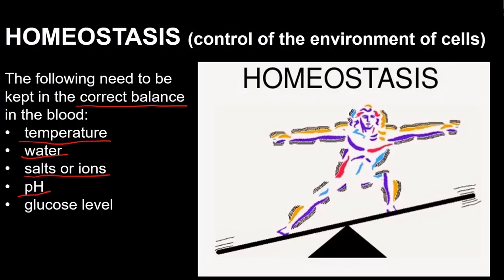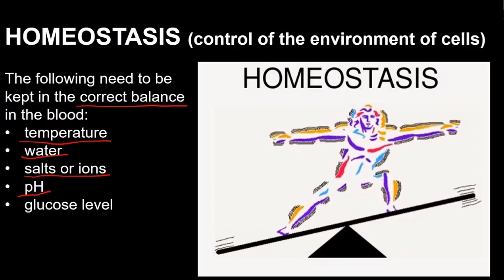But again, not too much, not too little. The blood acidity level has to be kept correct, and that's the blood pH. Can't be too acid, can't be too alkaline, because you have learnt that what happens to proteins when the acidity changes? Proteins denature and they can't carry out their functions.